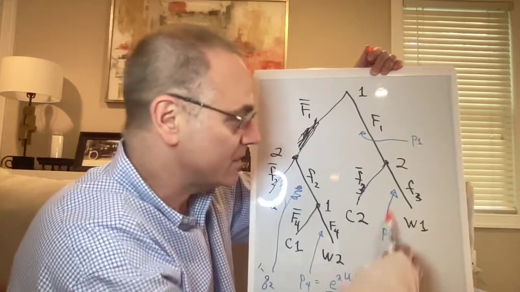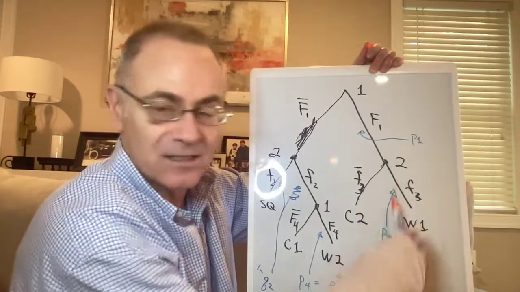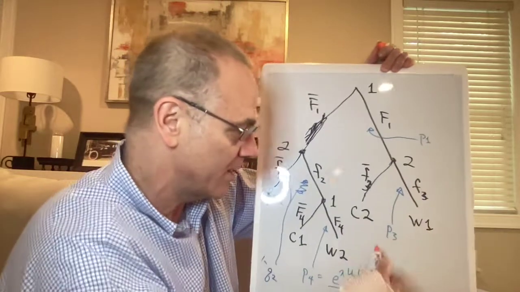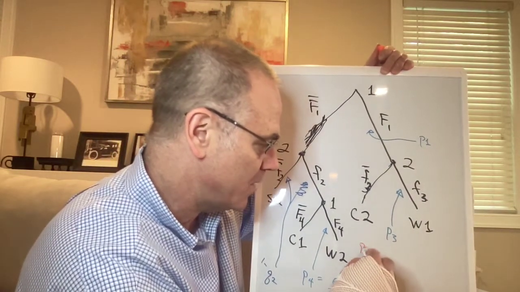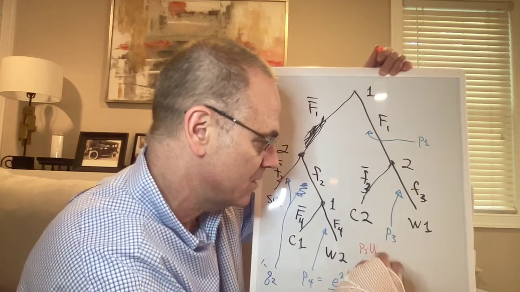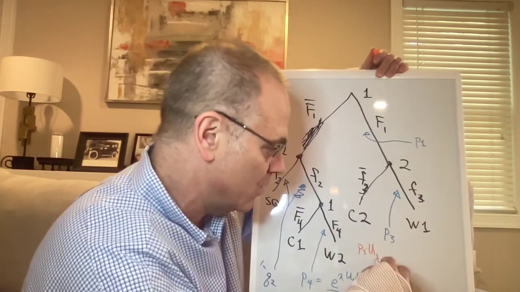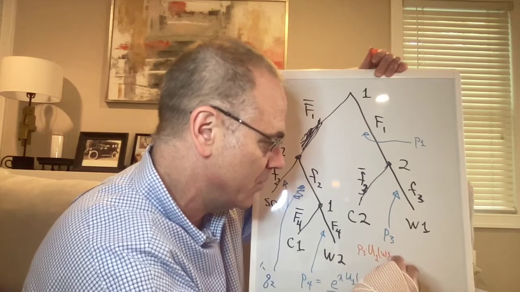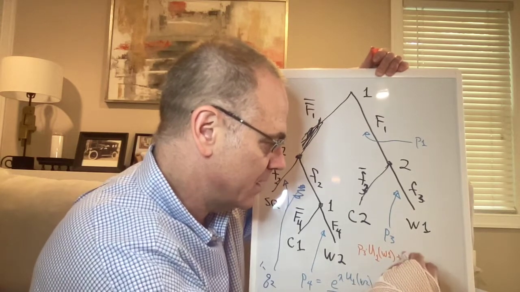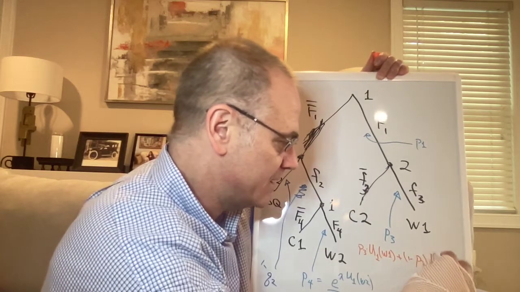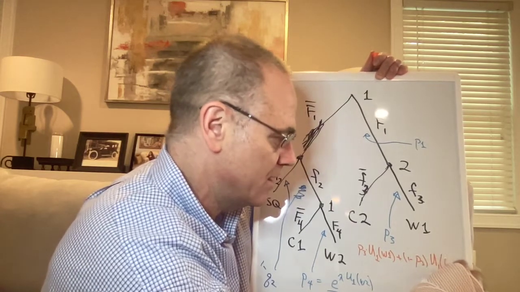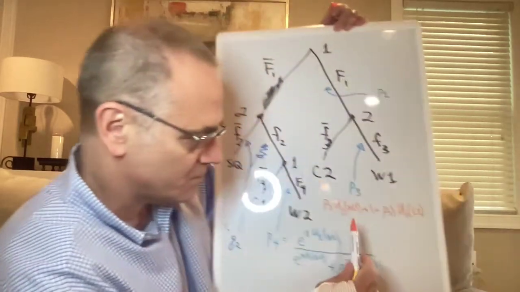Where the weights are given by P3, and that's the probability that 2 will go down that branch. So the seen utility is going to be P3 times utility for person 1 of W1 plus 1 minus P3 of the seen utility for person 1 of C2.